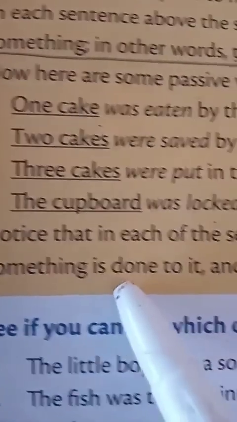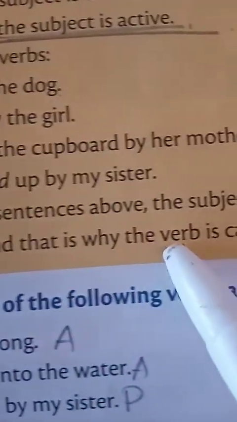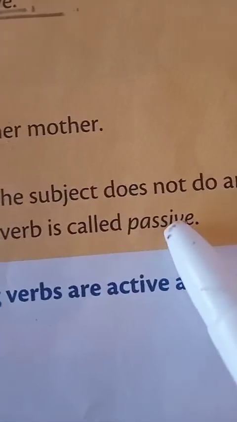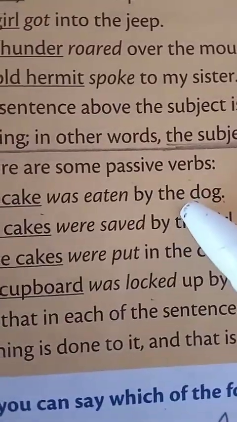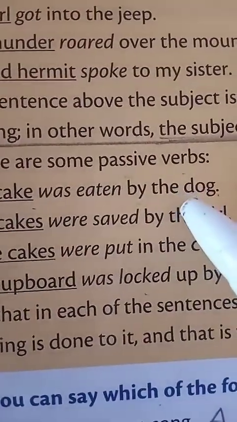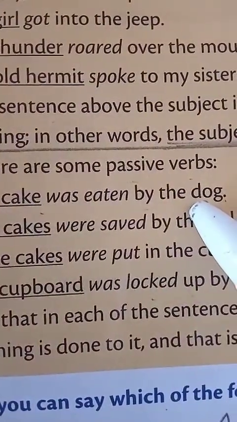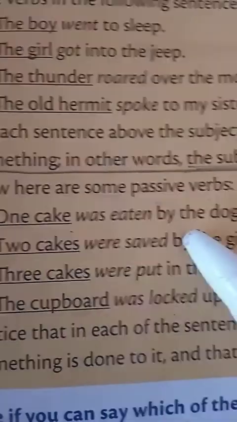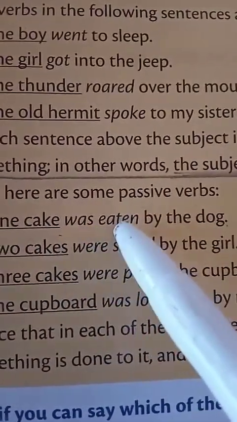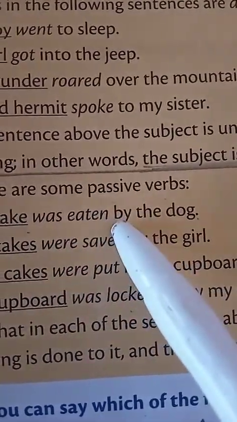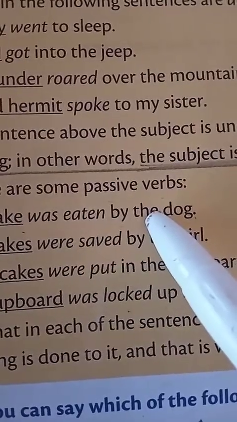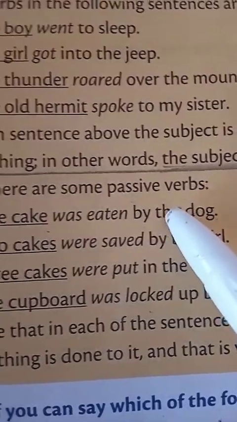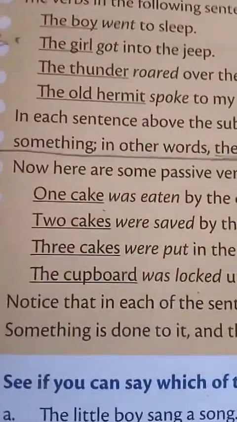It is not active. Something is done to it, and that is why the verb is called passive. So in these sentences, the subject does not have any type of action. This is the inactive subject. So that's why this is the sentence of the passive. There is the third form of the verb, by, and the subject in the last of the sentences. So this is the identification of the passive voice.